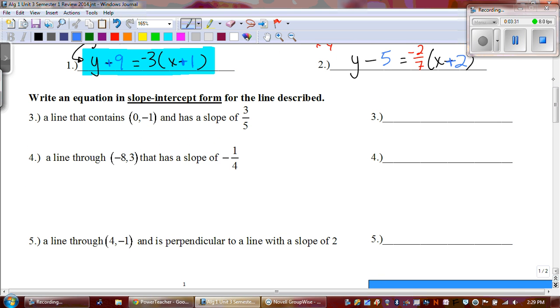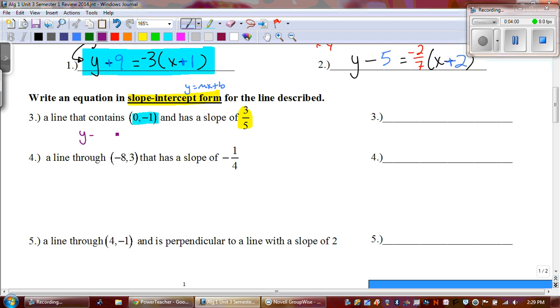Now, the next part says write an equation of a line in slope-intercept form, which is the y equals mx plus b, for the line described. Now you might think, well, they give me a slope and a point right here.